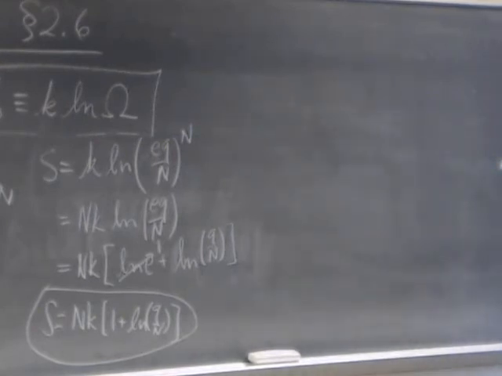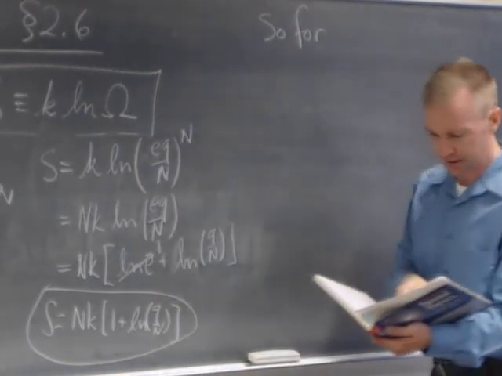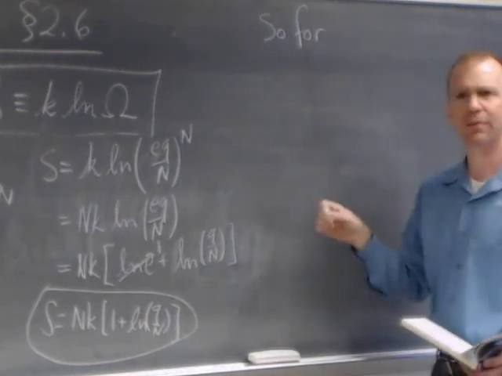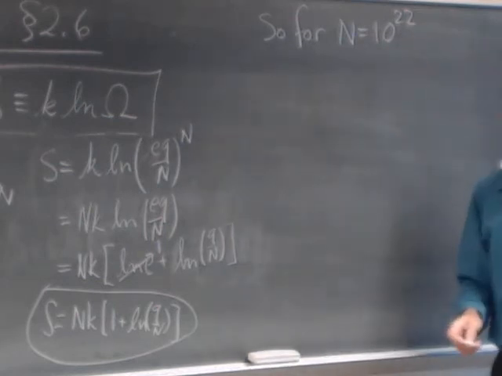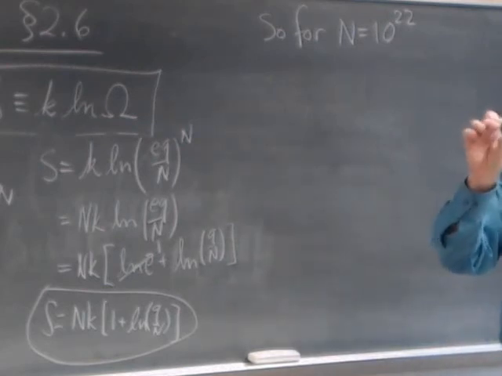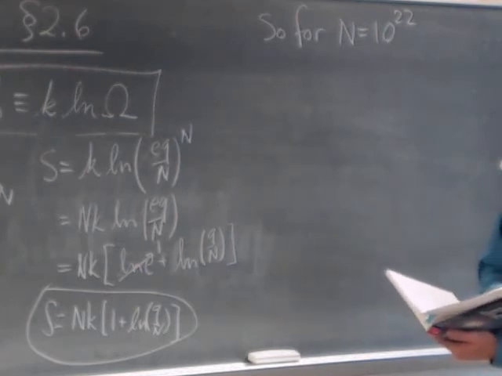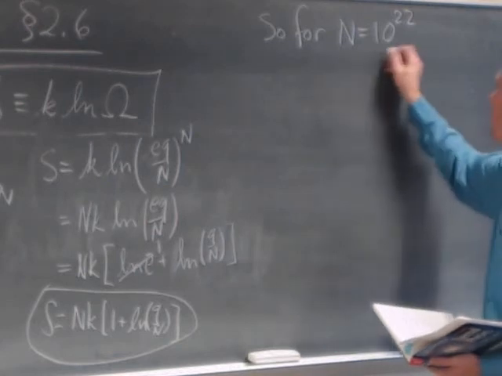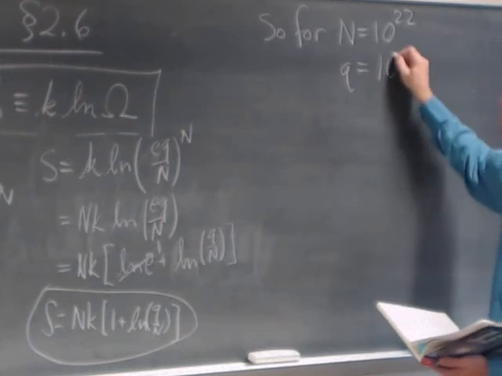If we have something less than a mole, let's say 10 to the 22 oscillators in our Einstein solid, which would be a small but visible system. If we looked at it, we could see that. And we have 10 to the 24th energy units.